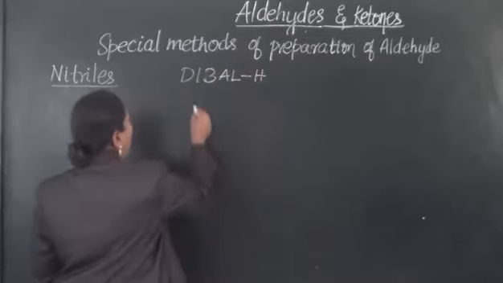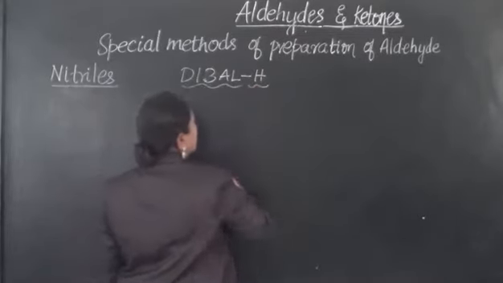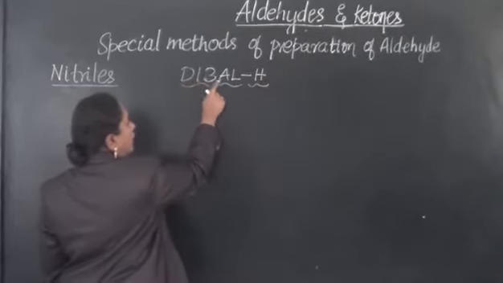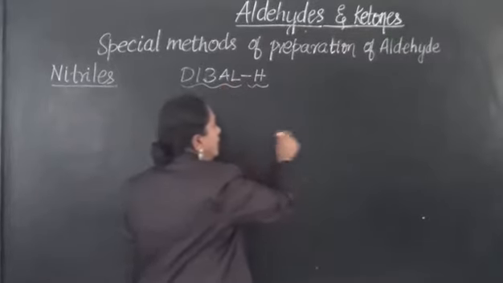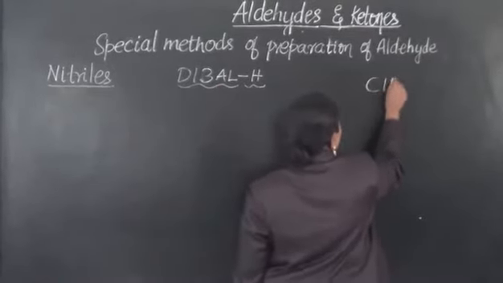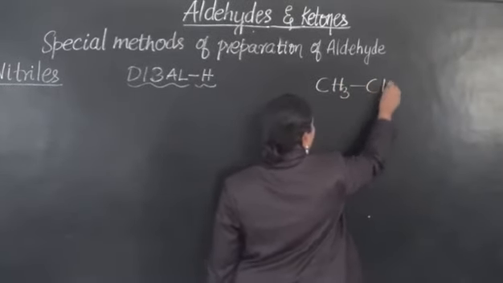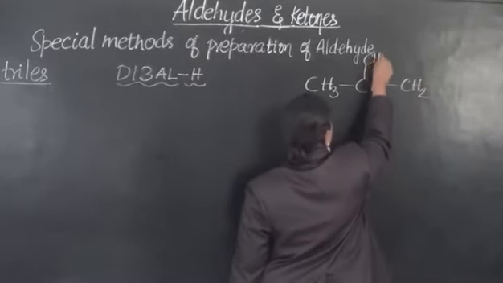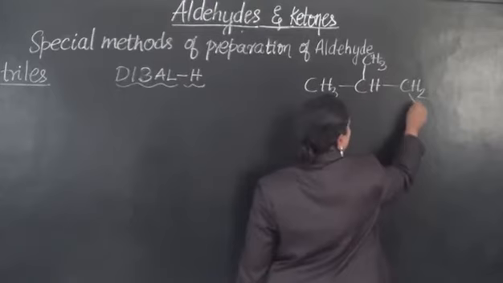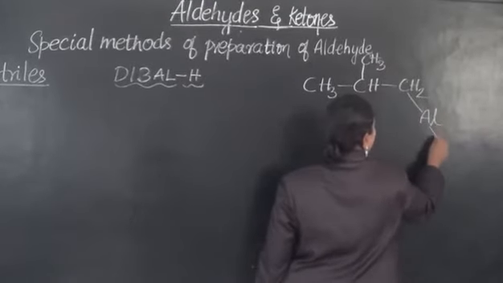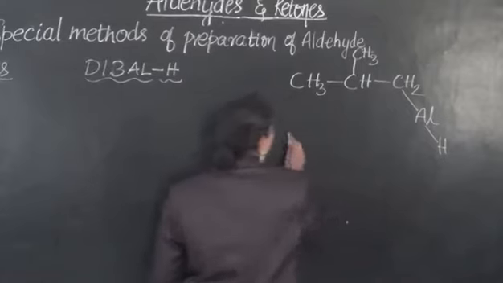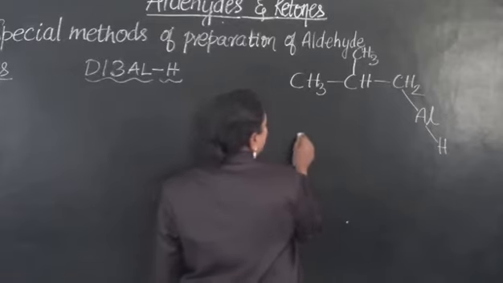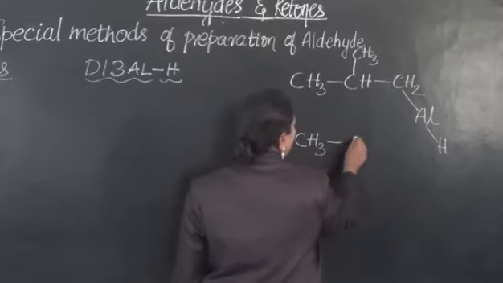Now let us see how the DIBAL structure is. DIBAL is a short form of diisobutyl aluminium hydride. It has an isobutyl structure, where the structure of isobutyl is like this, which is linked with aluminium, which is in turn linked with hydride. Diisobutyl, so this isobutyl group will be 2 in number.